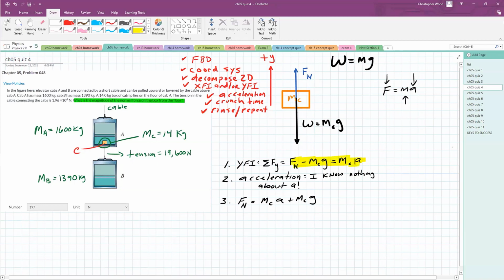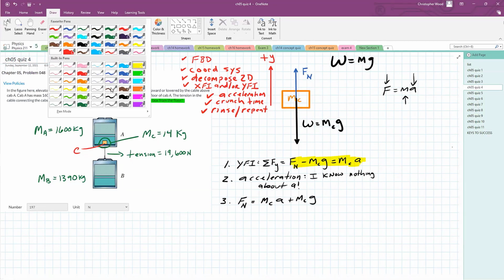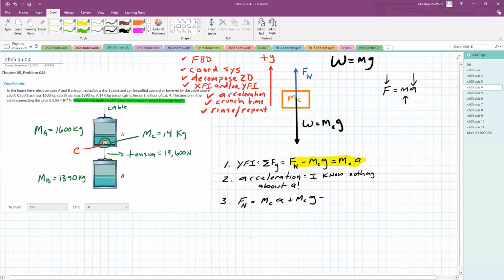In many ways, I've made lots of good progress because all I need to do is a plus g. I know the mass of the catnip, that's given to me. I know g, that's 9.8 meters per second squared. Right now, a is what I don't know about.